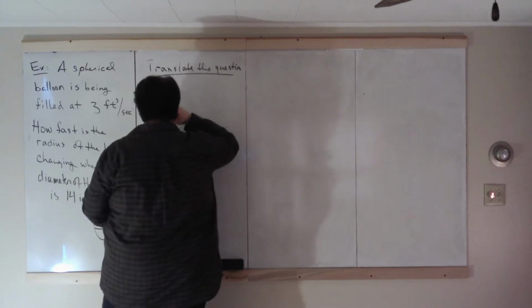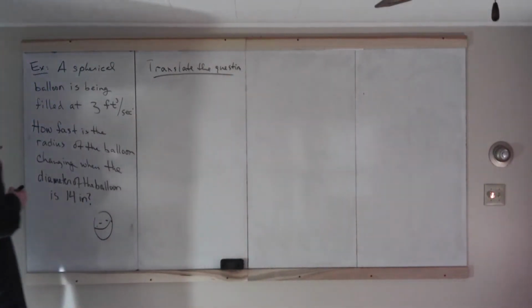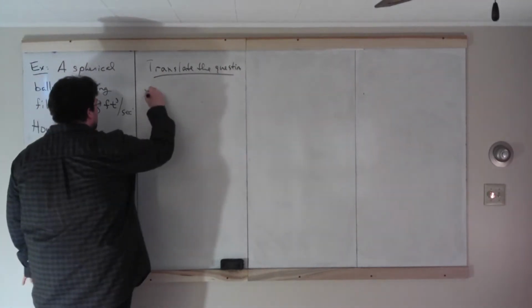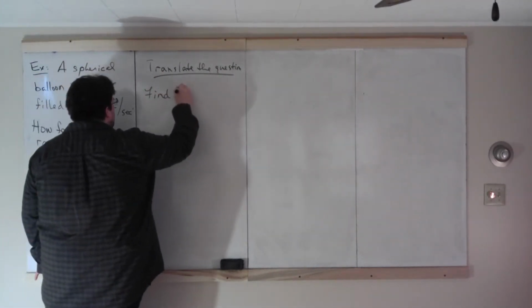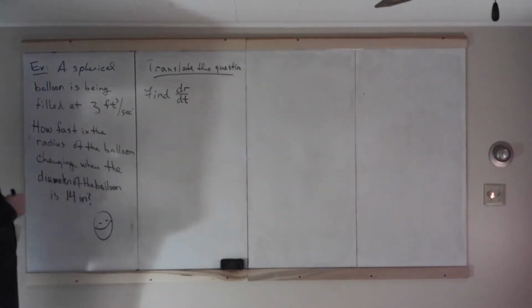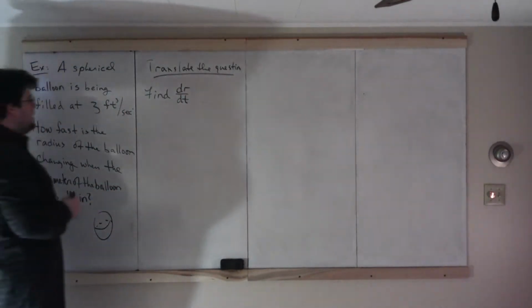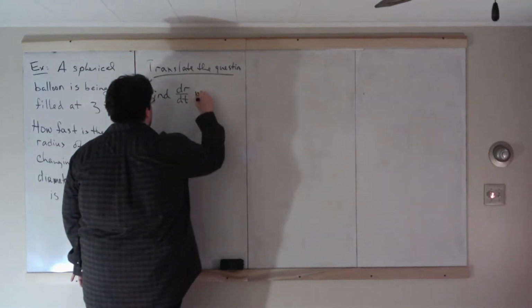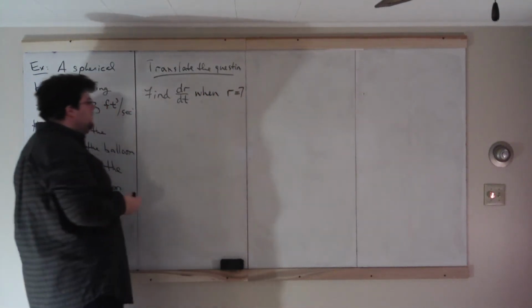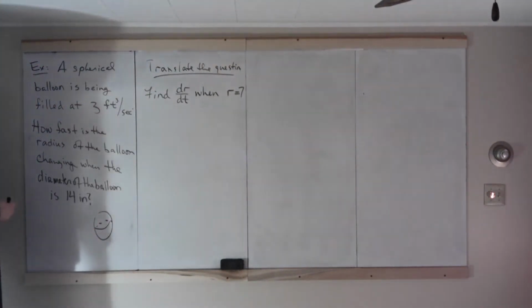Translate the question. What does this question want? It wants how fast is the radius of the balloon changing. I'm going to use r for radius. Find dr/dt when the diameter is 14. We're not going to use diameter. Radius is 7.